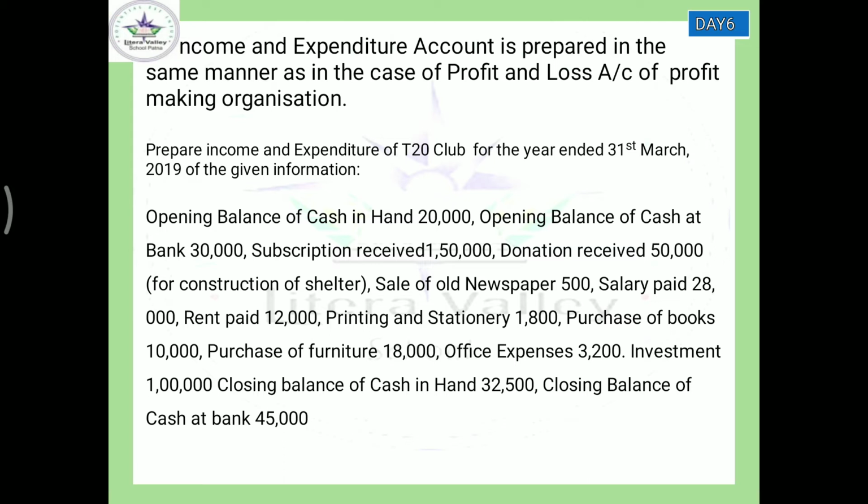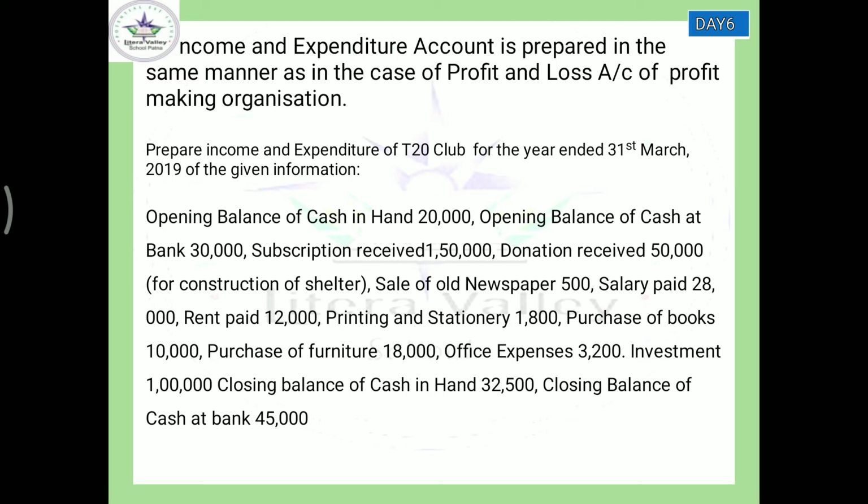Now come to the payment side. I'm just trying to inject this in your mind so that you cannot forget it. Then I will read out the question and give you the answer as well. The payment side can also be broadly classified into four sections: bank overdraft opening balance, revenue nature payment, capital nature payment, and closing balance of cash at bank and cash in hand.